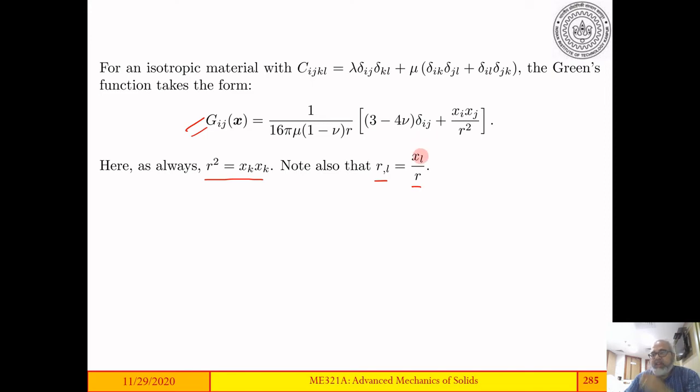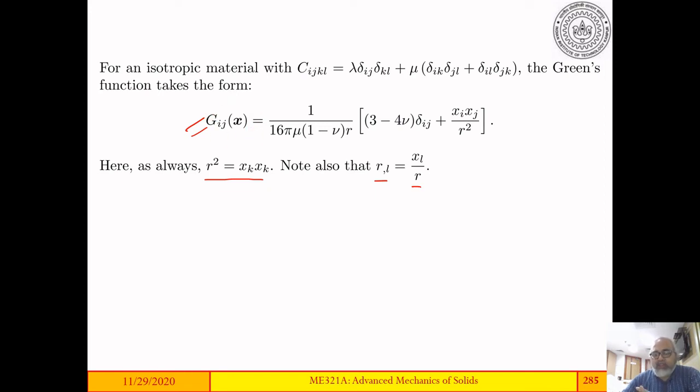So using that, you can verify our previous expression for Gij that we had found as the first problem in the application of Fourier transforms, where we had found a similar expression for a load P applied at the origin, and this Gij is for a unit load applied at the origin.